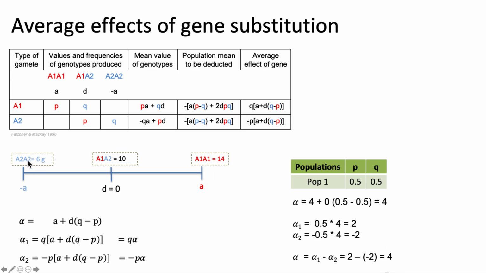As you can see here, for the homozygous A2 we have 6 grams, and if we increase one A1 here, the phenotype increases by 4 grams, and if the genotype has the 2 A1s, now the phenotype is 14. So that is the importance of understanding the allele substitution effect.